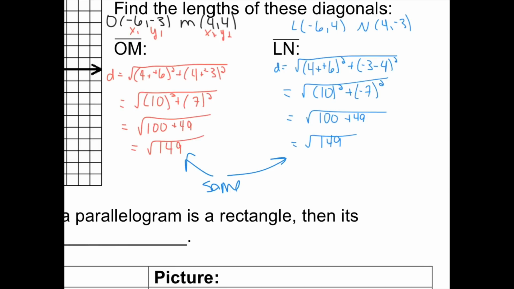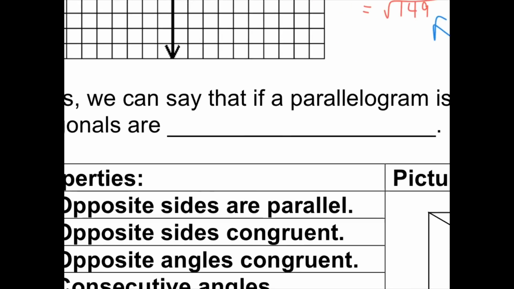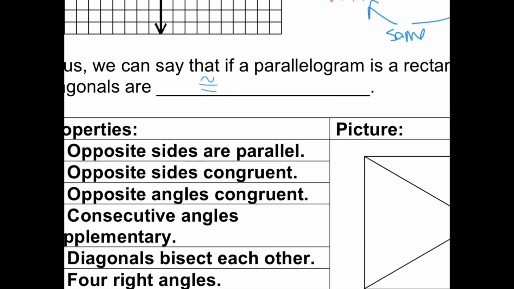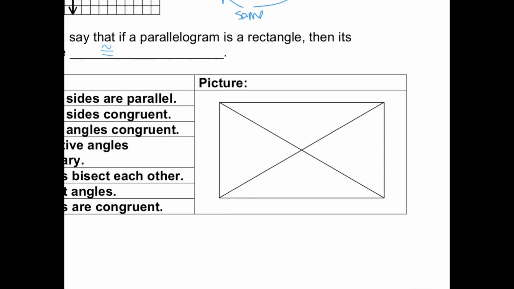And that gives us one of our rules that's specific to the rectangle. It says we can say that if a parallelogram is a rectangle, then its diagonals are congruent. So that's a pretty important one. Now, I've got a picture of a rectangle down here. Remember, everything that happens on a parallelogram happens here, but there's a few other ones that are pretty important as well that are specific to the rectangle. So the first thing we know is that opposite sides are parallel.